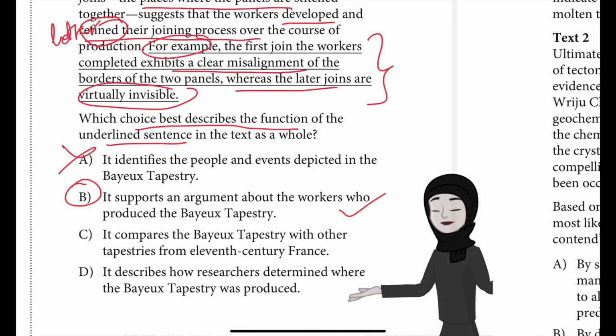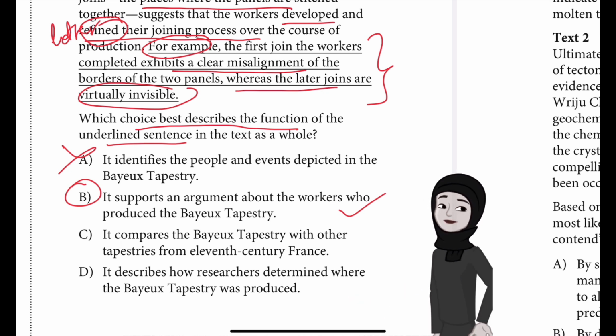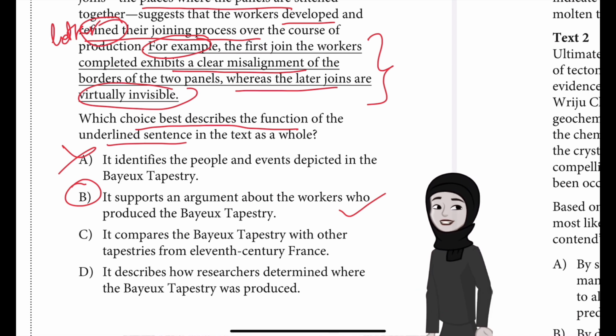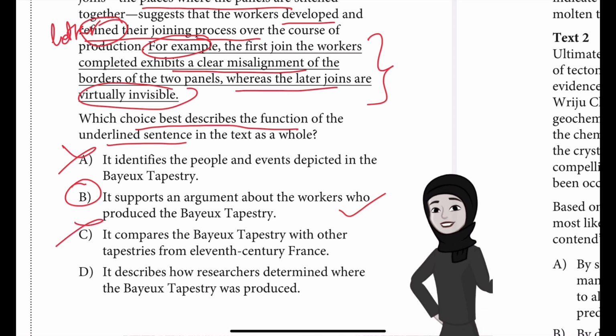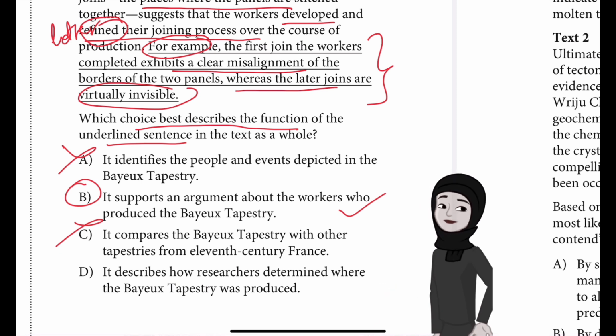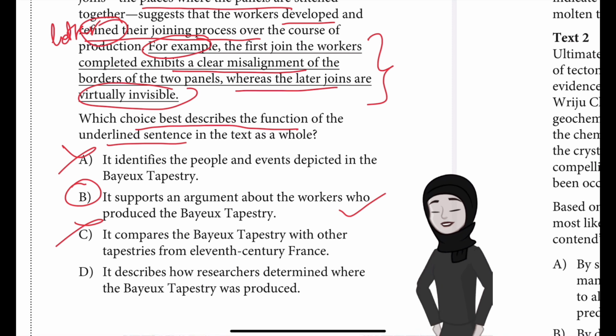A is incorrect because the example given in the last sentence of the text has to do with how the panels of the Bayeux Tapestry were joined by the workers, not with what was depicted in those panels. The text never identifies any people or places depicted in the tapestry. C is incorrect because the last sentence compares how early panels in the Bayeux Tapestry were joined with how later panels in the same tapestry were joined.